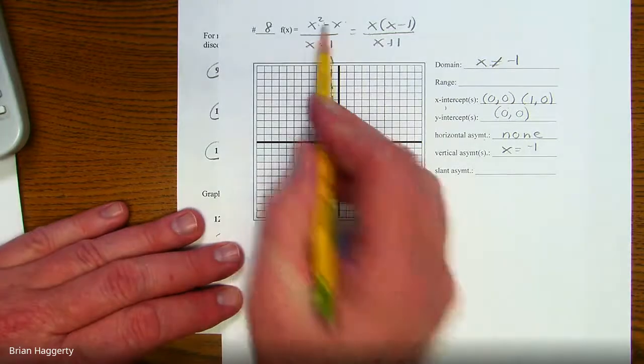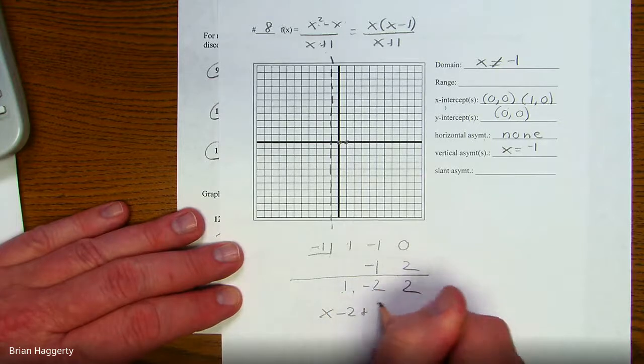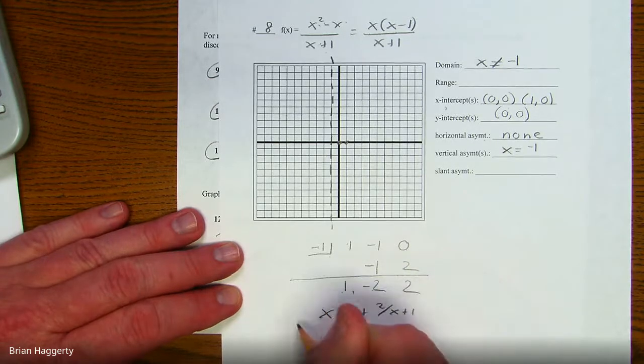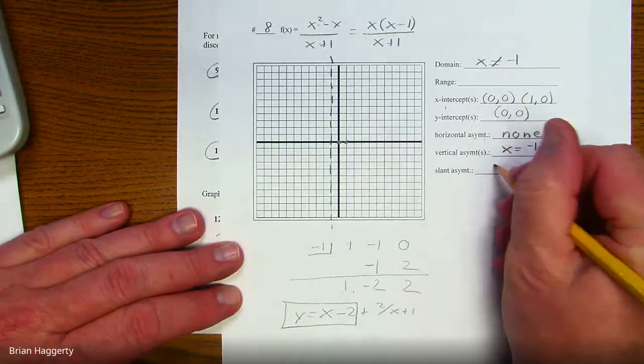If that's a degree 2, this is a degree 1. The part without the remainder, that's your slant asymptote.